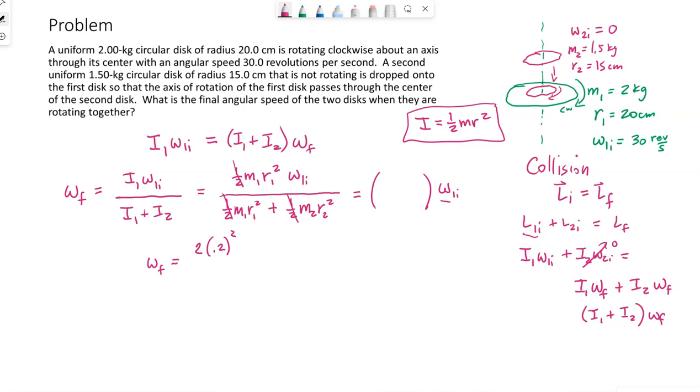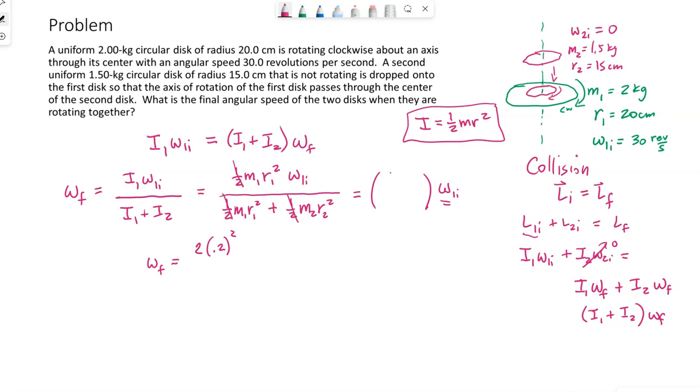And so whatever units I leave omega 1 initial in will be the units omega final will be in. So we know omega usually needs to be in terms of radians per second, which we can totally convert easily.